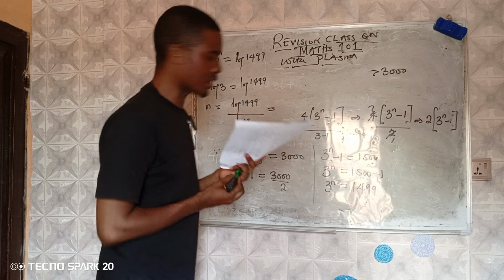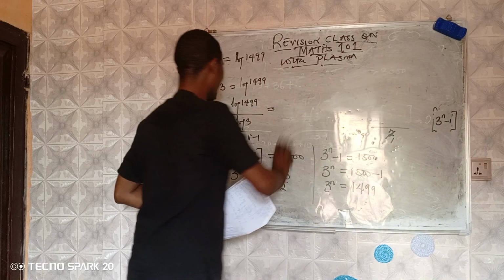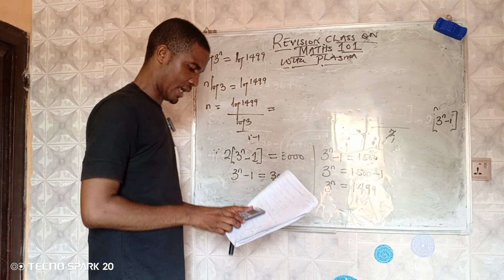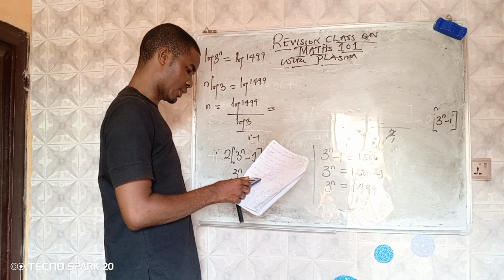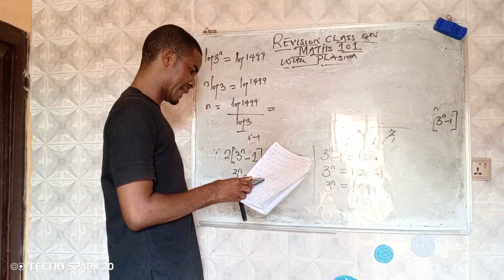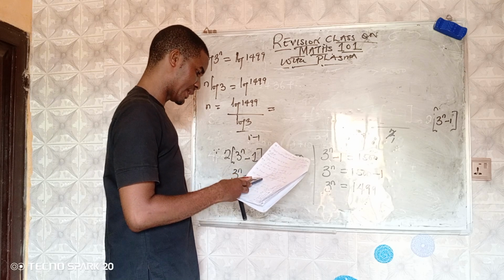So I want to get the value of log 1501 divided by log 3. I will use my calculator to do that. Log 1501 divided by log 3.